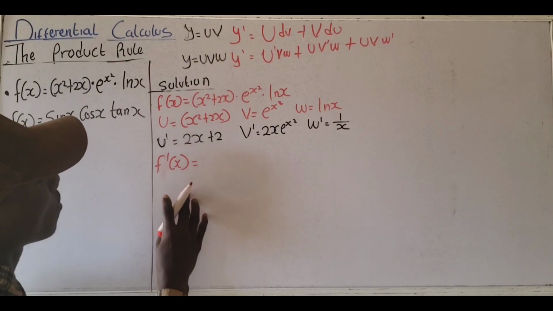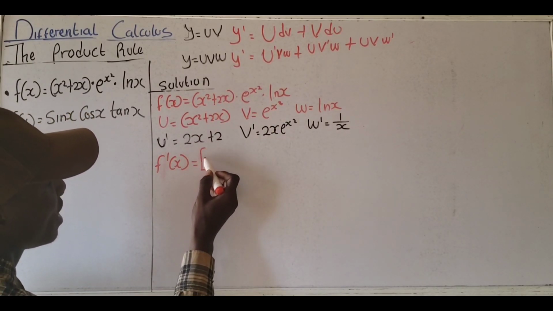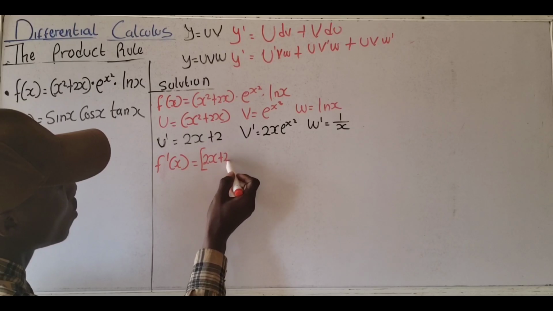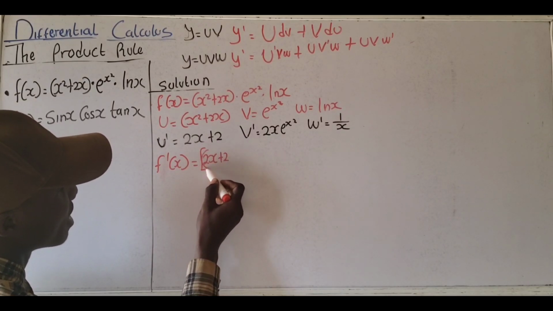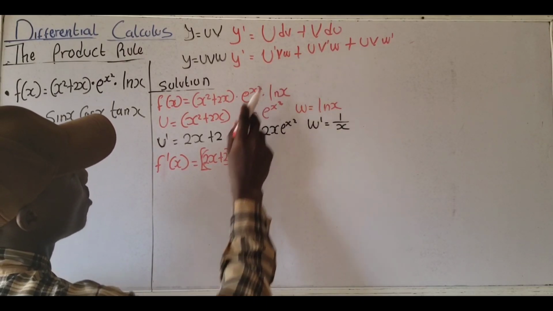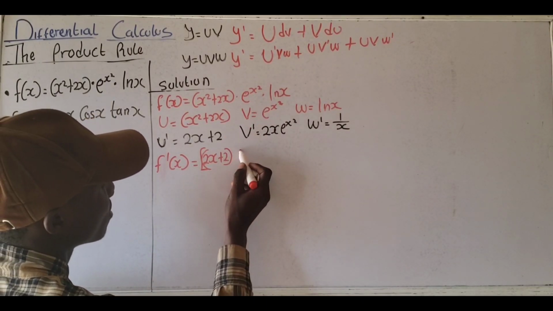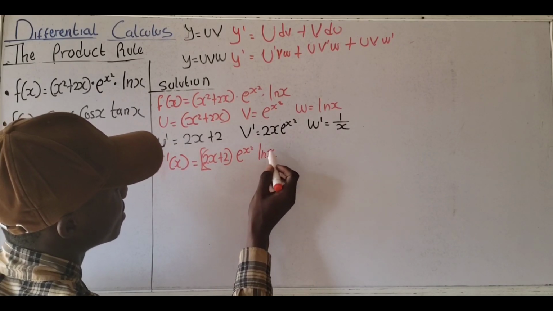Now, with respect to this rule, the derivative of f(x) will be equal to the derivative of u, which is 2x plus 2, multiplied by, just open the big bracket, v and w. v is e to the x squared, multiplied by ln x. You can see?